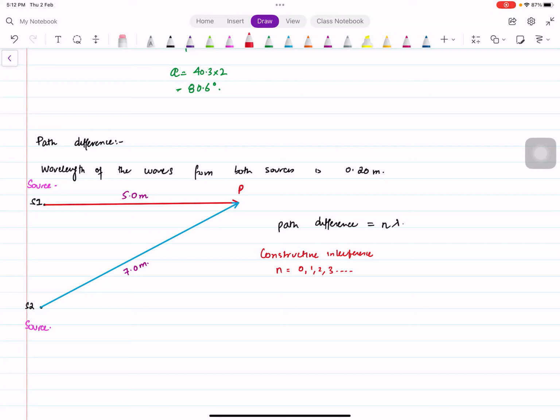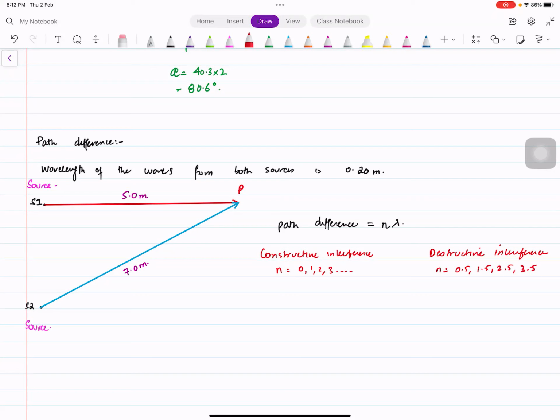And if at any point the waves are in destructive interference, so they're 180 degrees out of phase to each other, then n would be equal to 0.5, 1.5, 2.5, 3.5, like that. You get my point?